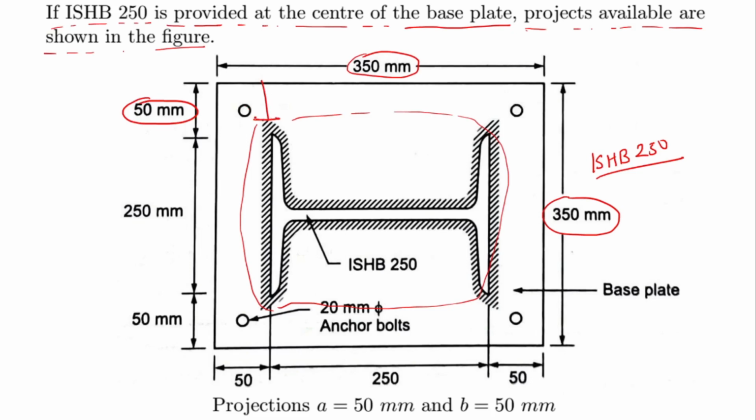This projection will be 50 mm and it is denoted by small b. Similarly, this projection will be a. It is also 50 mm. Projections a equal 50 mm and b equal 50 mm. As we are providing square base plate and also for the I section, its total depth and the width of the flange are equal, therefore both the projections a and b are the same.